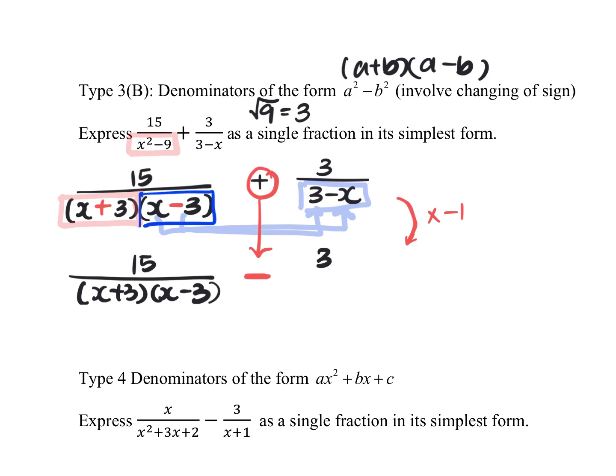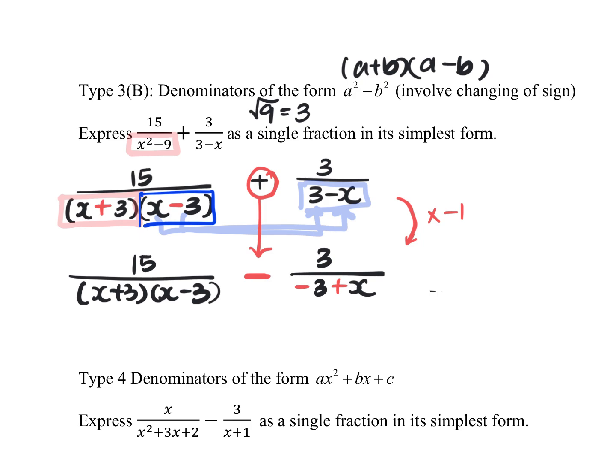This is still 3, but over here, the 3 becomes negative 3. We change sign for this. So 3 becomes negative 3, and negative x becomes positive x. Okay, some of you might like to write it directly as x minus 3. So it will be the same this way.